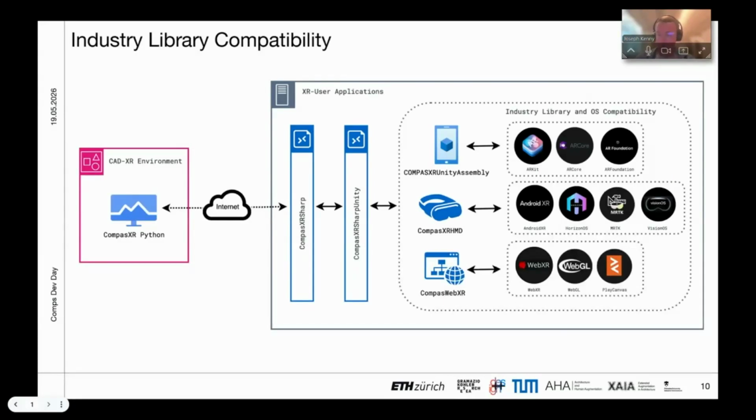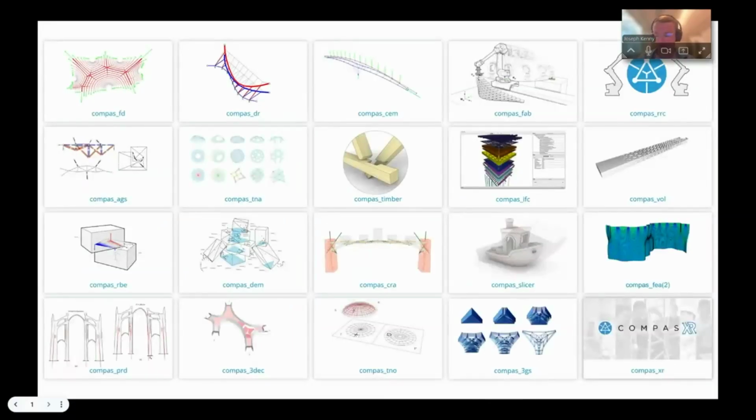Further, one of the core components of the library is focused on improving compatibility with industry libraries and standard operating systems. Additionally, it's designed to fit directly within the overall COMPAS ecosystem.